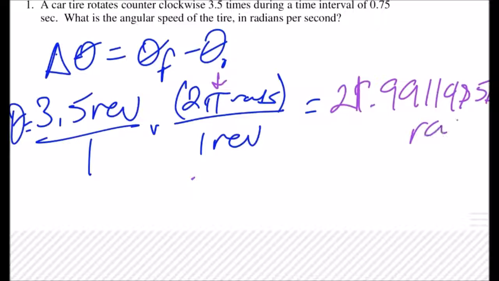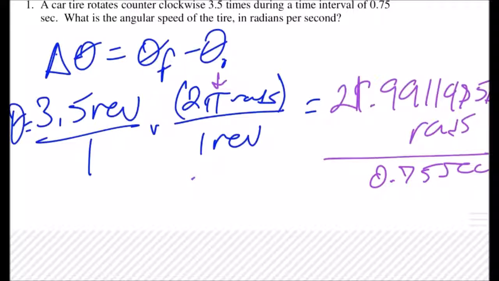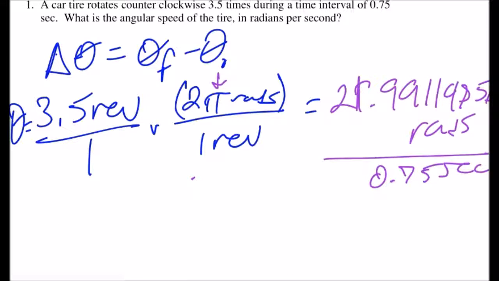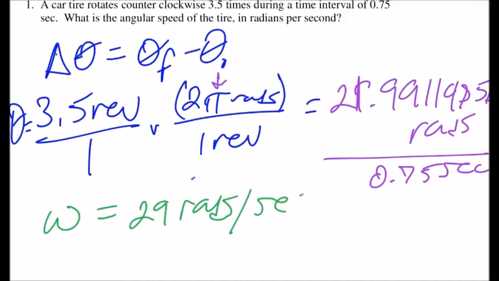Very good. Now we need to divide that by how long it took, which was 0.75 seconds. Type that in. Isaac, what'd you come up with? 29 radians per second. Fantastic.